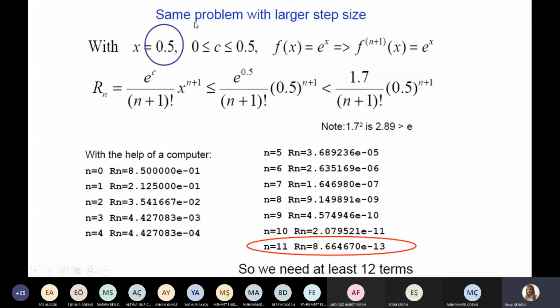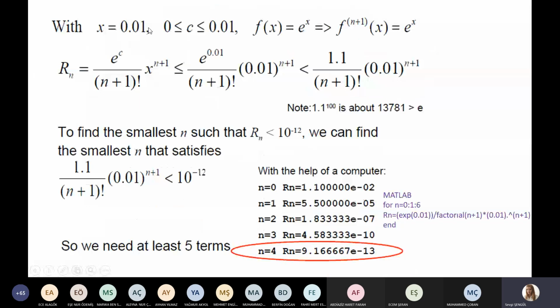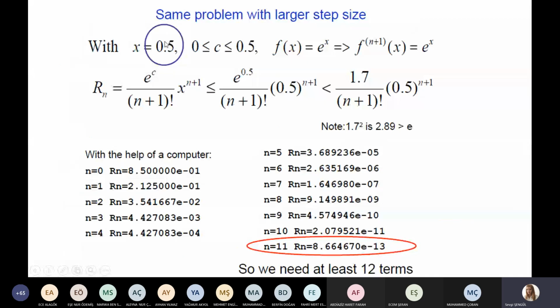And let's do the same problem, but this time we will check e to the 0.5 instead of 0.01. Okay? We want to get e to the 0.5 by using the Taylor series, and I want to get 10 to the minus 12 error again. Now instead of 0.01, I plugged in 0.5 here, so x is 0.5.